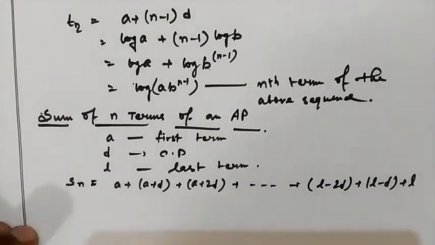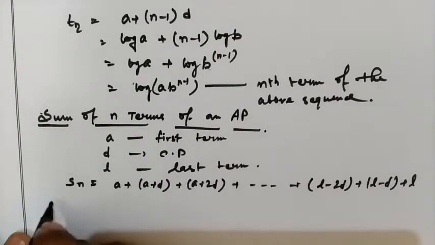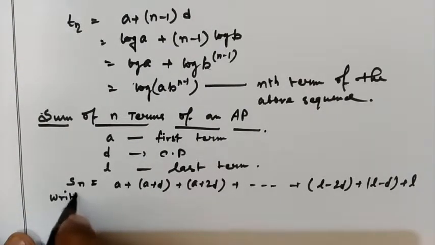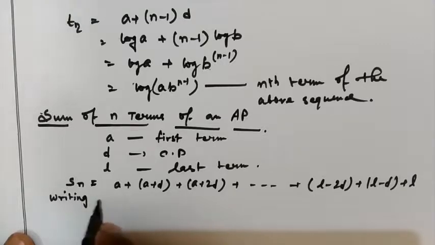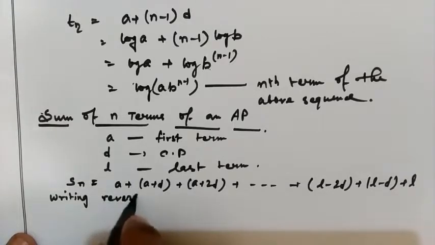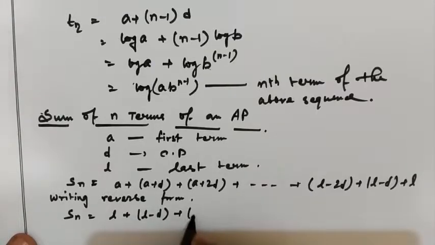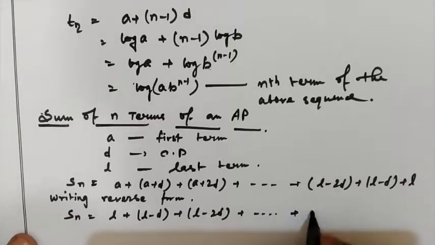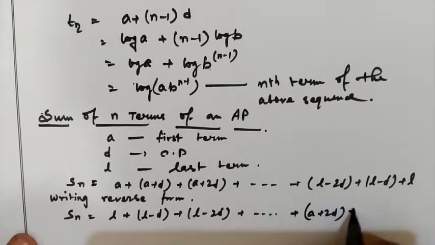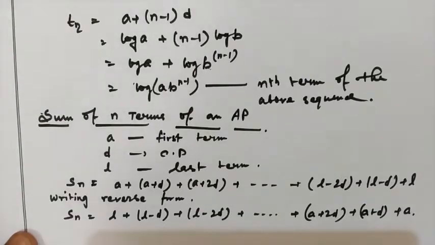Okay, so if we write down this equation in reverse form, we'll get Sn is equal to l plus l minus d plus l minus 2d plus dot dot, a plus 2d plus a plus d plus a, right?